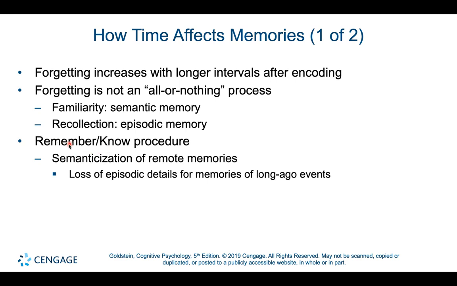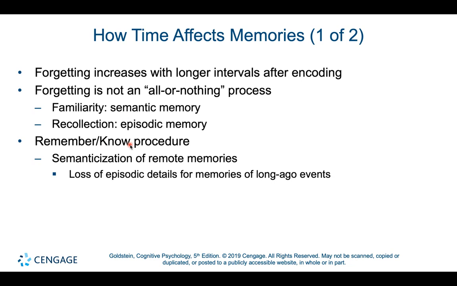So if you remember something, that's said to be an episodic memory. If you just know that it happened, that's a semantic memory. And the distinctions between remembering and knowing can be subtle, and people often mistake them for each other, which is one of the sources for memory errors.